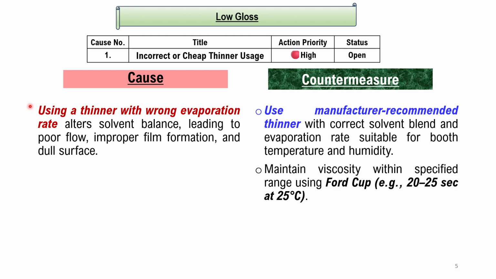It is recommended to use the manufacturer's recommended thinner with correct solvent blend and evaporation rate suitable for both temperature and humidity, and maintain viscosity within specified range using Ford cup 20 to 25 seconds at 25 degrees centigrade.